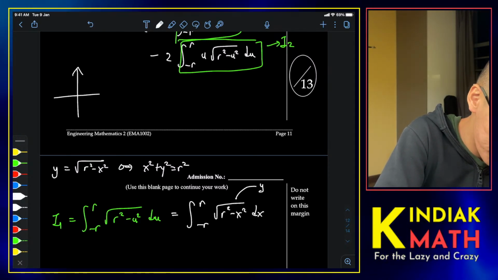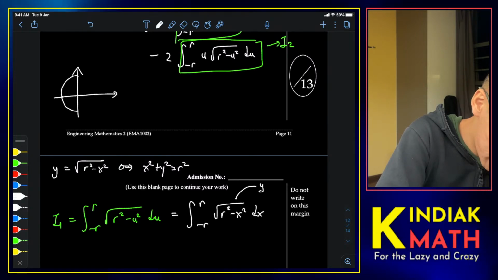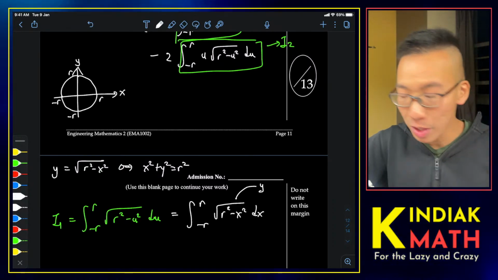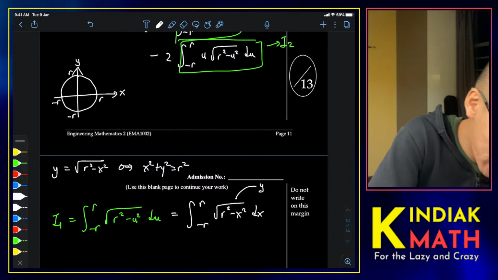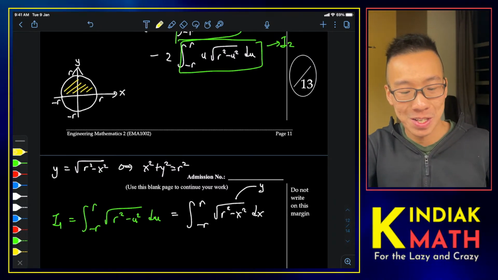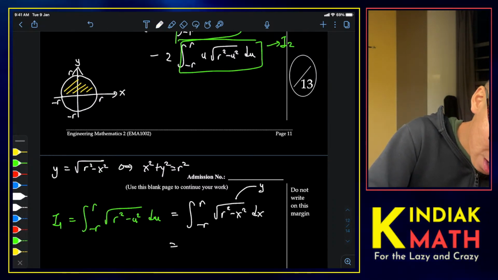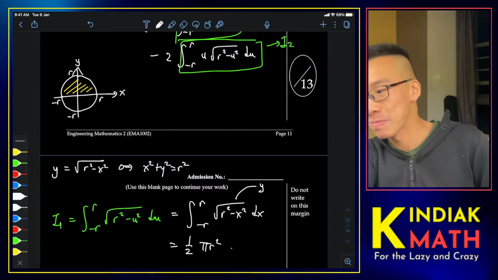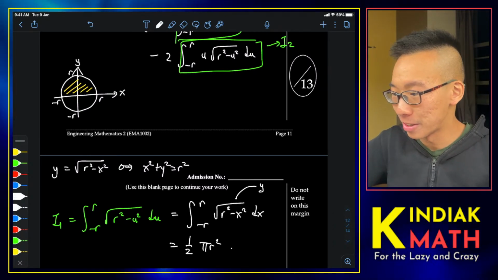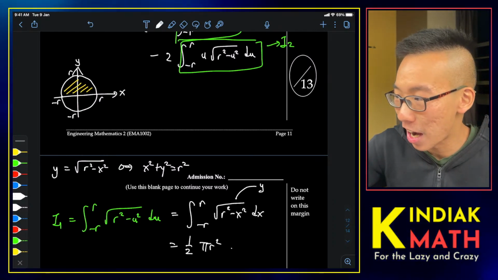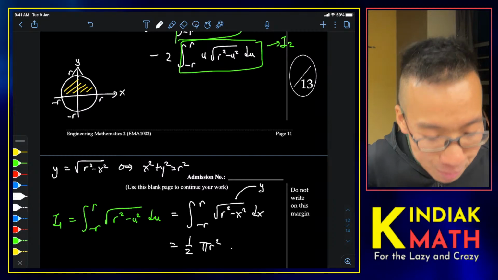This is the shape of a circle with center 0 and radius r. Which means we are actually calculating the area of the semicircle, which is just half of the area of the full circle. That is how you calculate this integral, at least in a rather time efficient way.